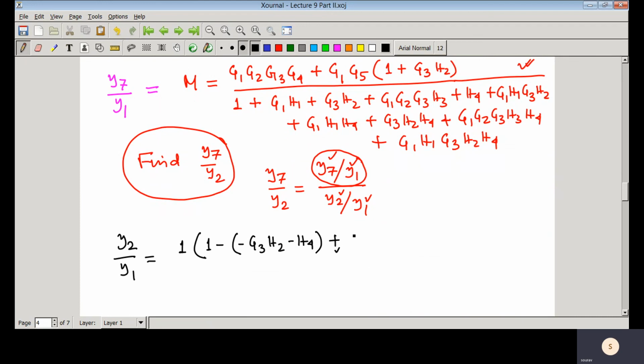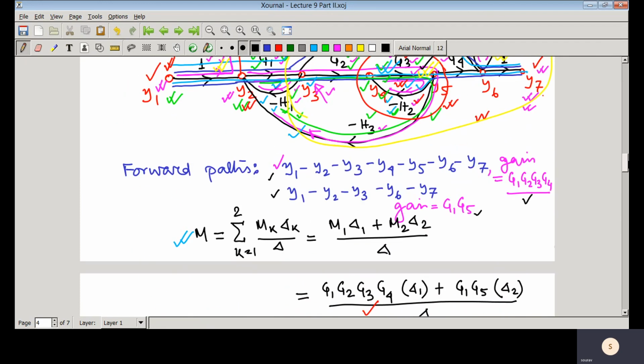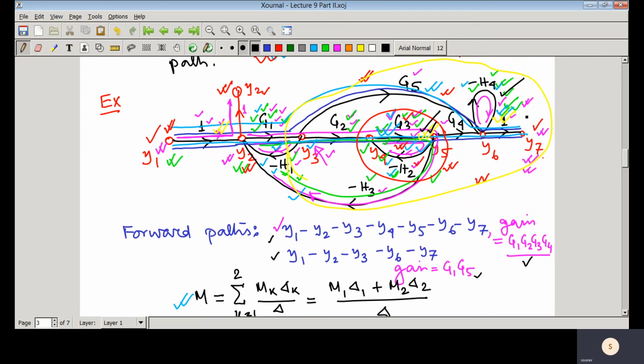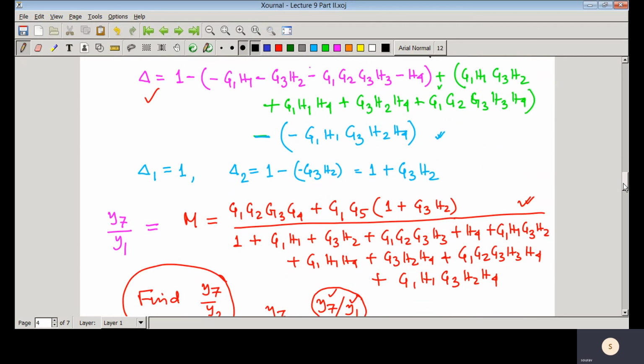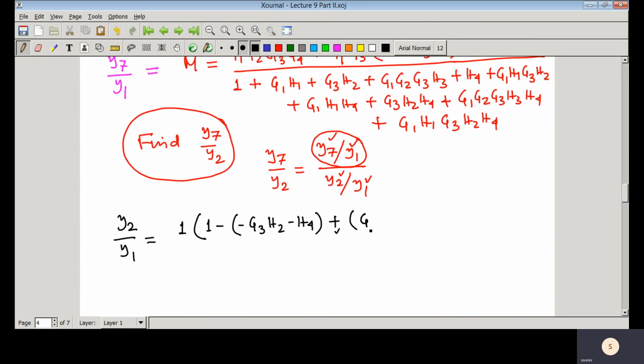You can see this is one loop and this is another loop, which are non-touching. The product is G3 into minus H2 into minus H4, that is G3 H2 H4.